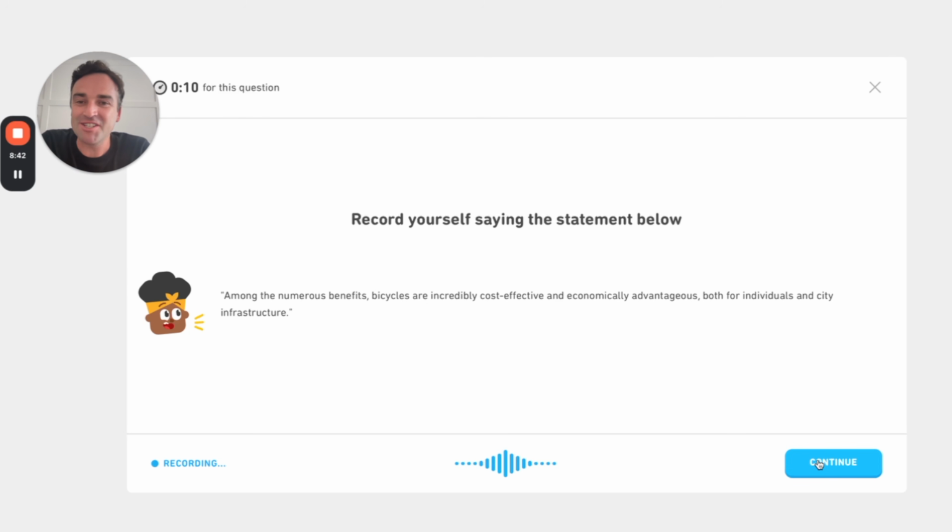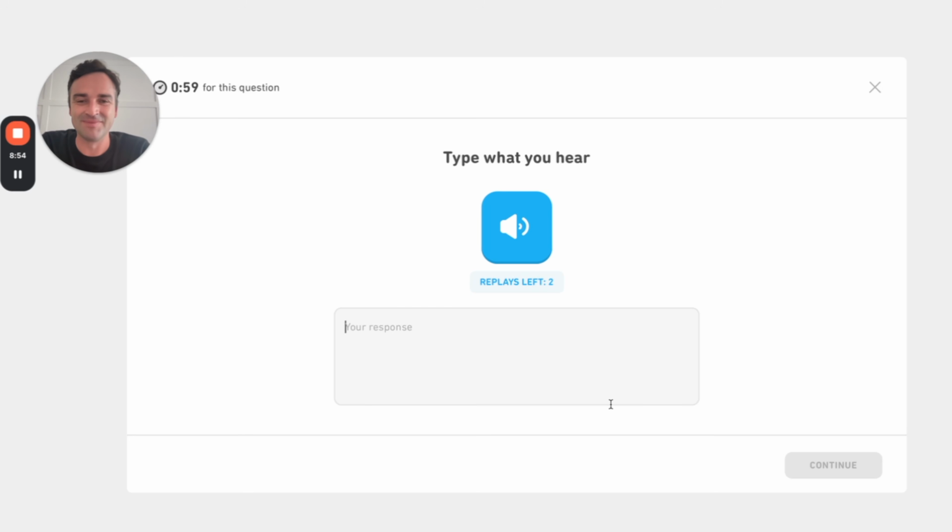Among the numerous benefits, bicycles are incredibly cost-effective and economically advantageous for both individuals and city infrastructure. Psychology teaches us that our behavior influences our beliefs.